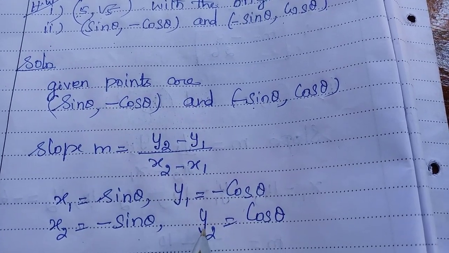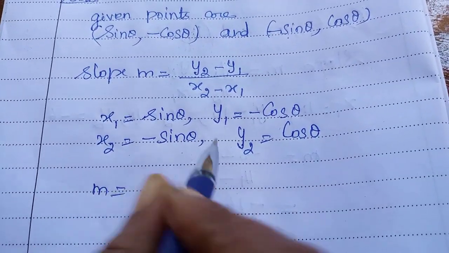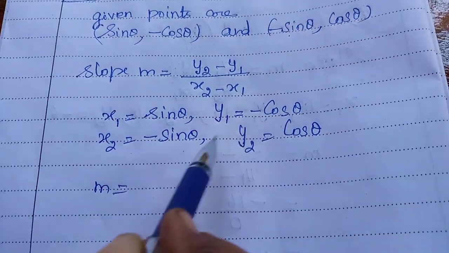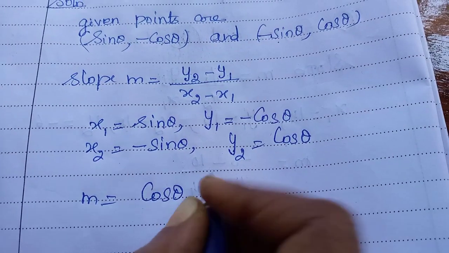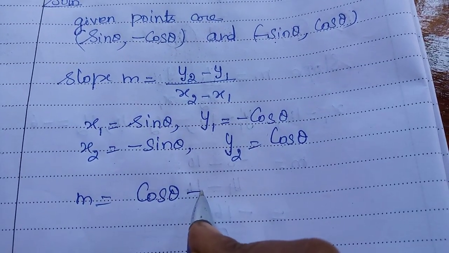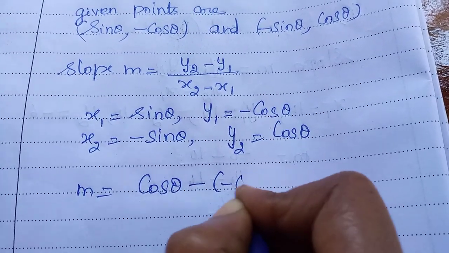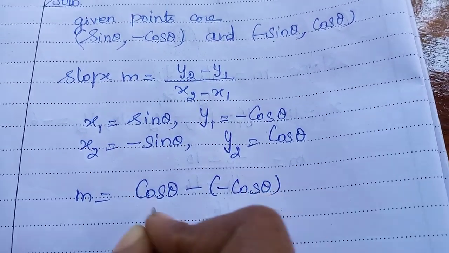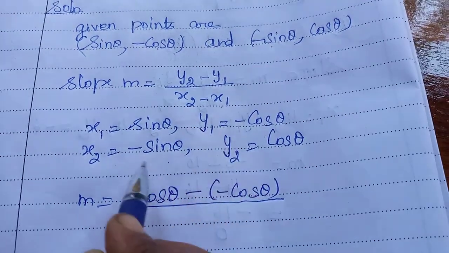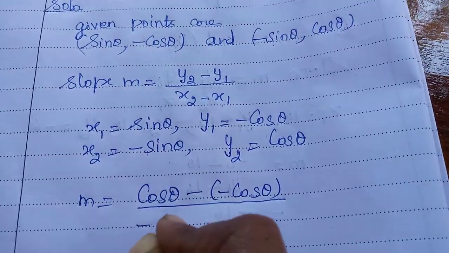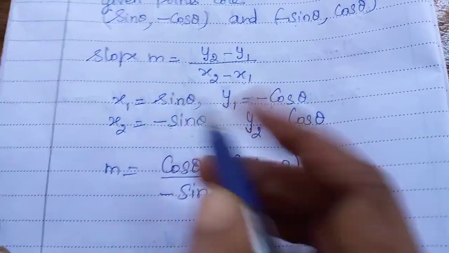Shall we substitute the values? m is equal to y2 minus y1, that is cos theta minus, formula, minus y1 is minus cos theta, divided by x2 minus x1, that is x2 is minus sin theta minus x1 is sin theta.